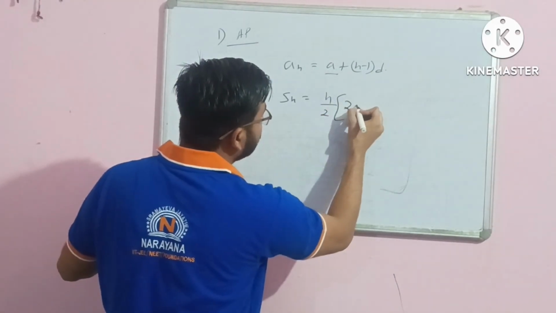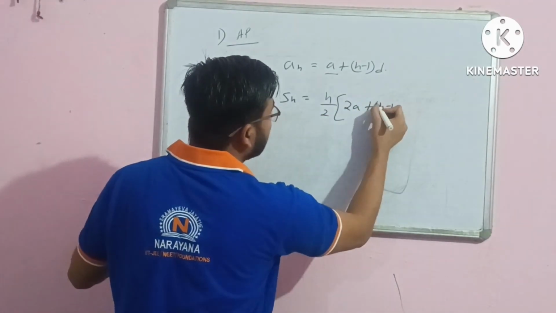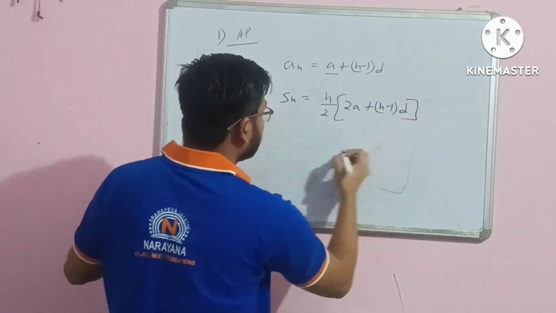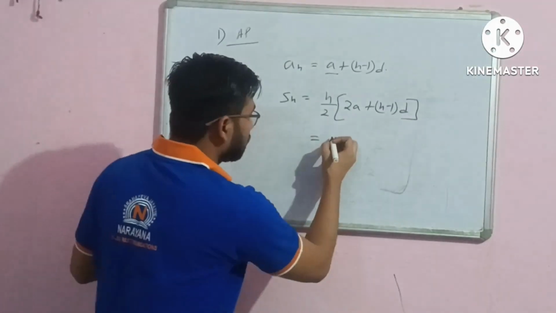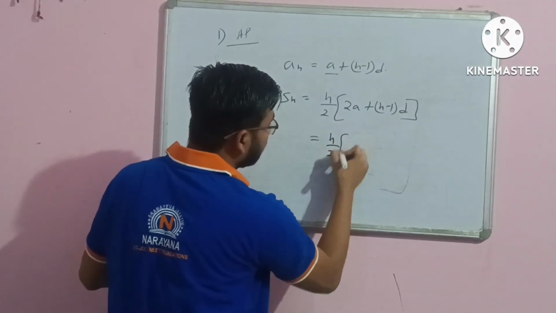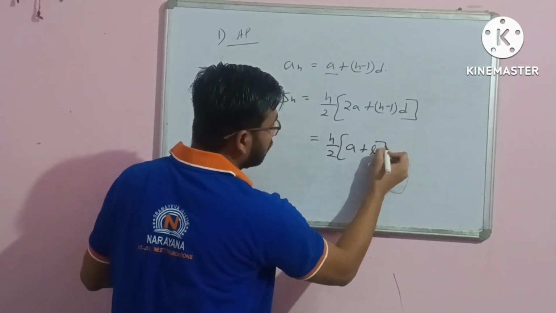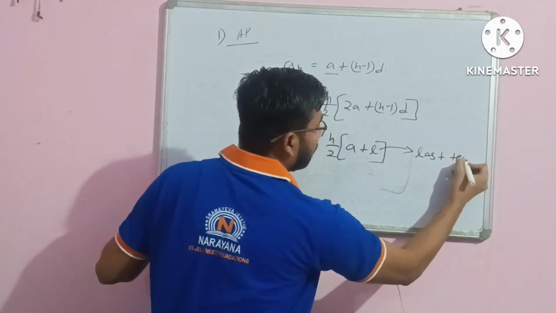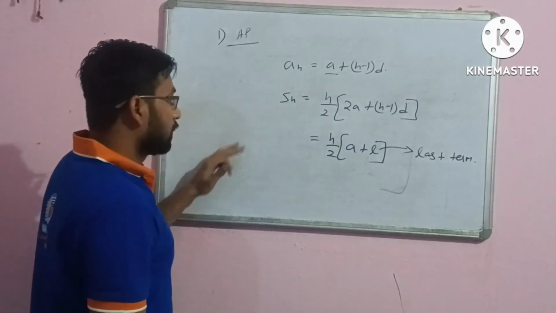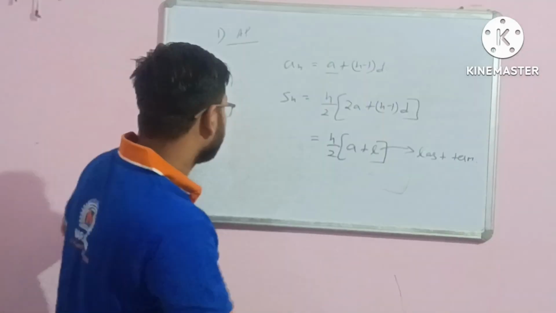It is N by 2 times (2A plus (N minus 1) D). The sum of n terms can also be written as N by 2 times (A plus L), where L is the last term. So these are two formulas of AP.